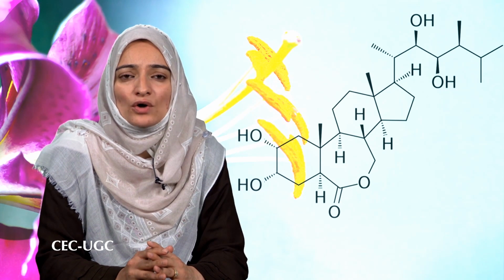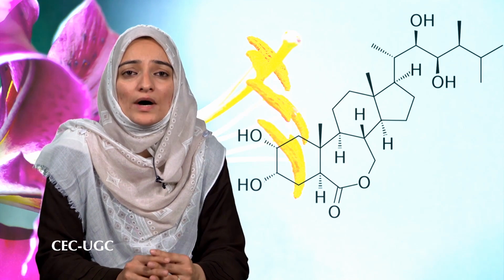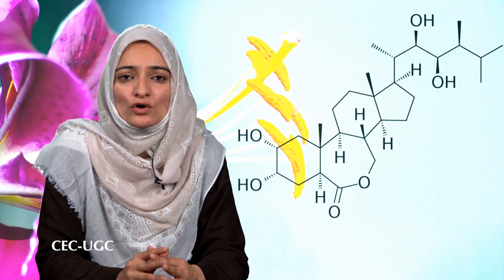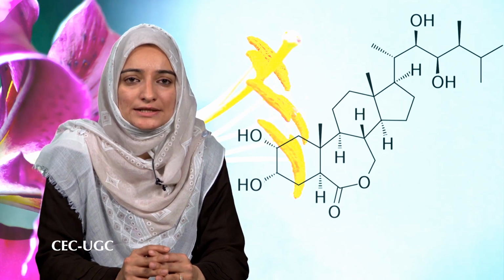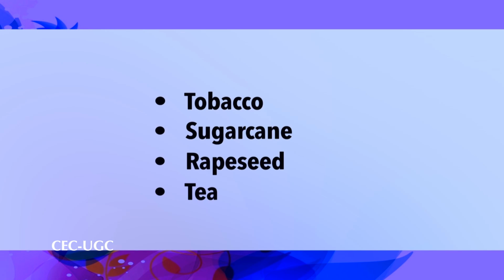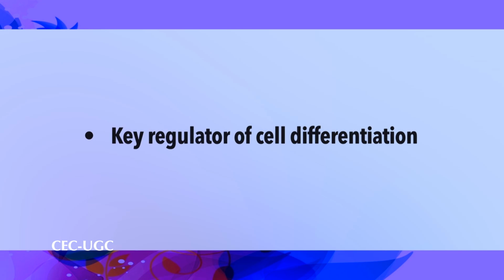Role of brassinosteroids in increasing the crop productivity of tomato is also reported recently. Moreover, in China, 28-homobrassinolide has been registered as a plant growth regulator in case of tobacco, sugarcane, rapeseed and tea flowering, senescence, chlorophyll and key regulator of cell differentiation.